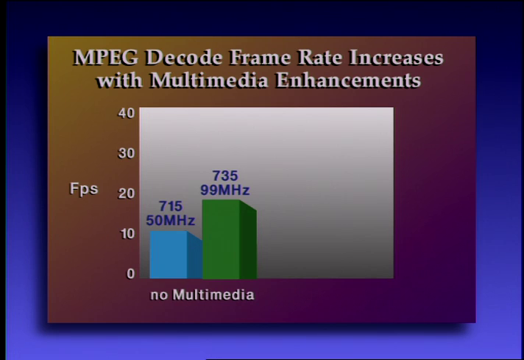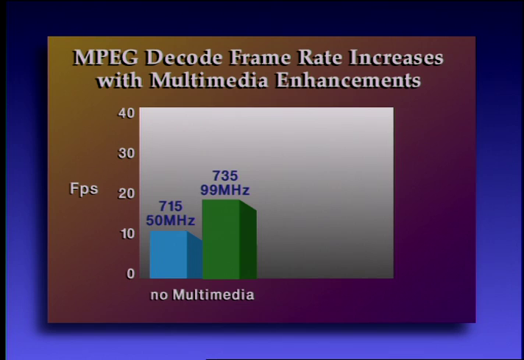We have described the individual multimedia instructions. What performance can be achieved overall in real multimedia programs with these simple extensions? Let's look at software MPEG video decompression. The first 2 columns of this chart show performance in frames per second obtained by PA-RISC platforms without multimedia instructions.